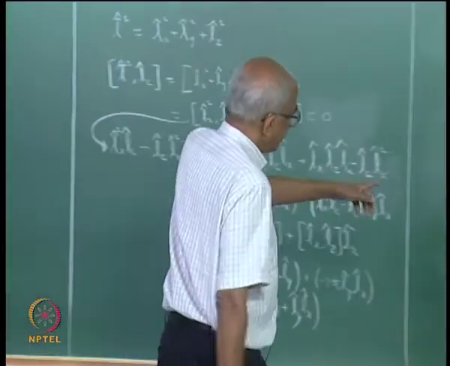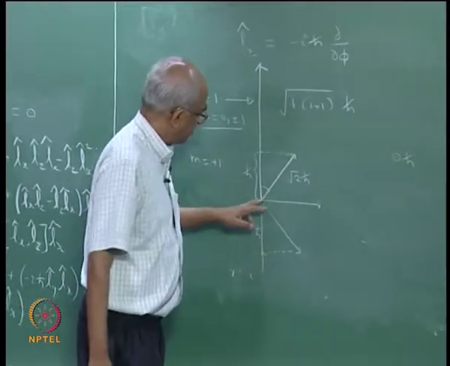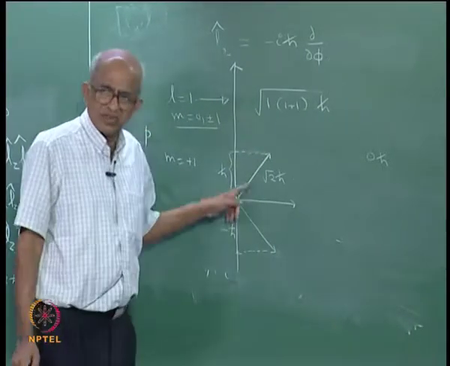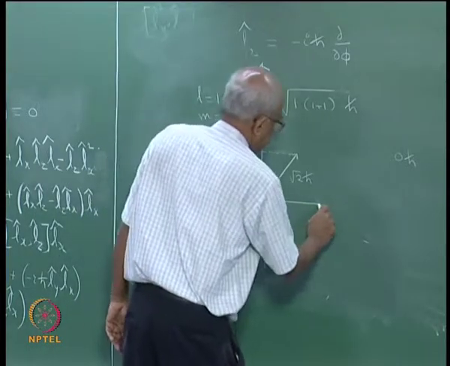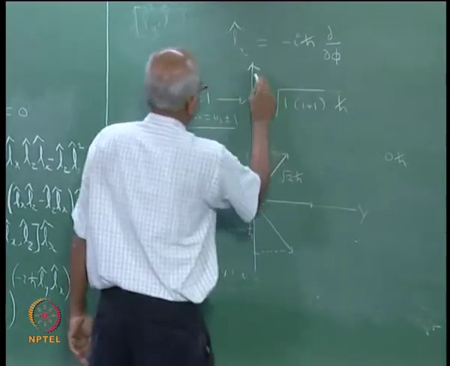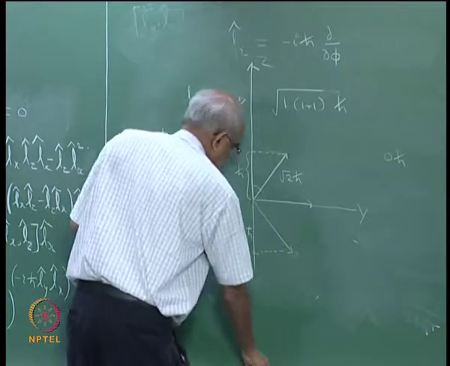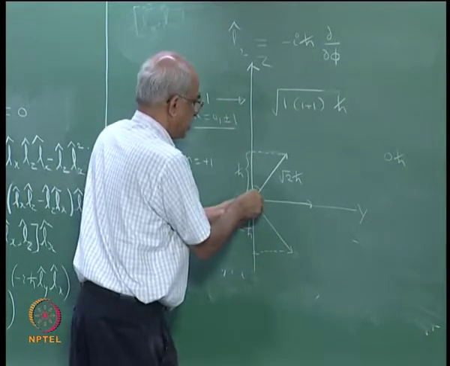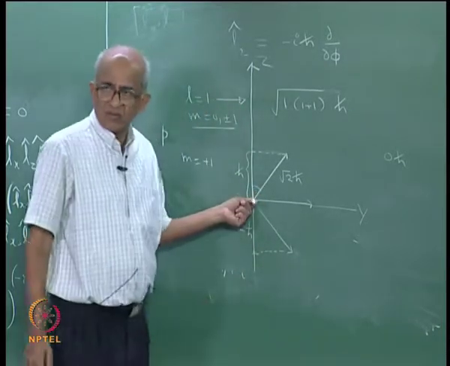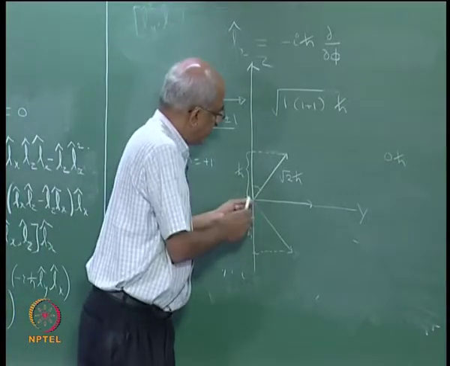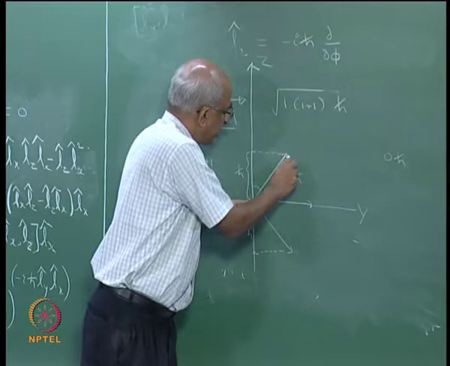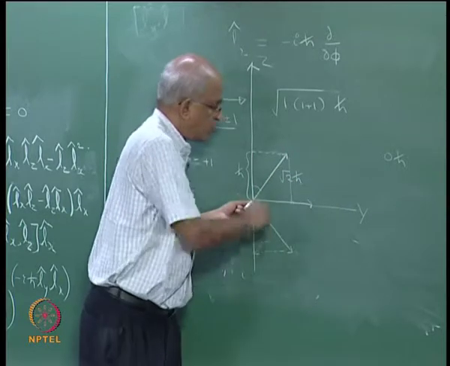Then the other thing you have to understand is that if I drew a picture like this, this is my y axis, this is my z axis, and the way things are drawn, this is my x axis. If I drew such a figure, it means that I know precisely the value of Ly.